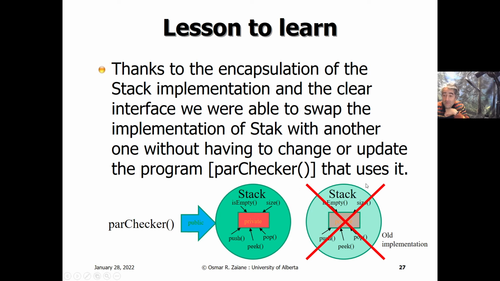Well, just by scrapping the old implementation and keeping the new implementation, because I didn't change the public interface, how the outside world can see it, well, part checker can still use it without changing the code of part checker whatsoever. Okay, so I just import the new stack and the code doesn't change at all. The only impact is that it'll be faster, but there's no impact on the code itself. I don't have to change lines of code or anything.